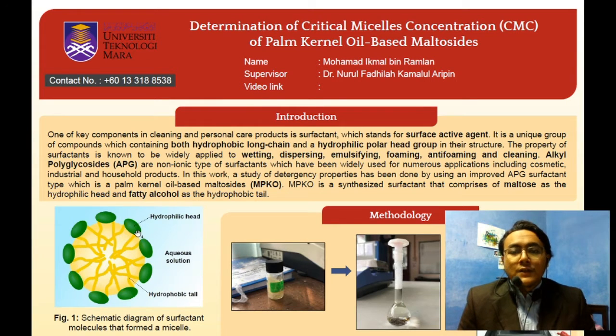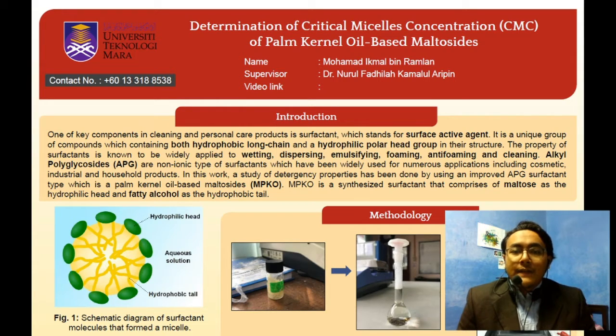Like in this schematic diagram, the oval shape is the hydrophilic head and the string-like part is the hydrophobic tail. One of the most used surfactants nowadays is alkyl polyglycosides or APG. It is a non-ionic type of surfactant which has been used for numerous applications including cosmetics, household, and industrial.